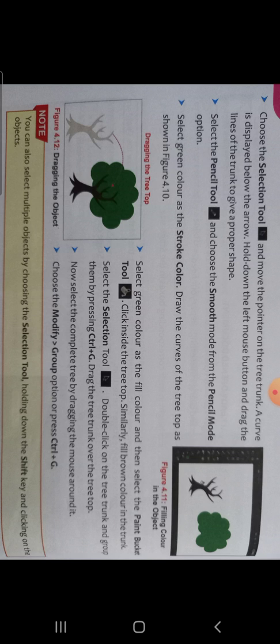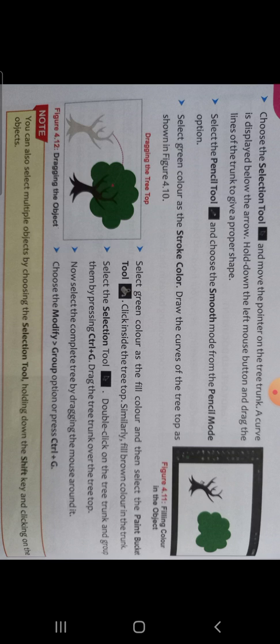Now select green color as the fill color, and then select the paint bucket tool and click inside the tree top. You all might have used the paint bucket tool in Microsoft Paint. Similarly, fill brown color in the trunk, that is select the brown color, select paint bucket tool and click inside the trunk.